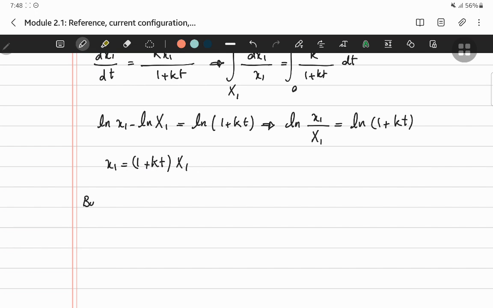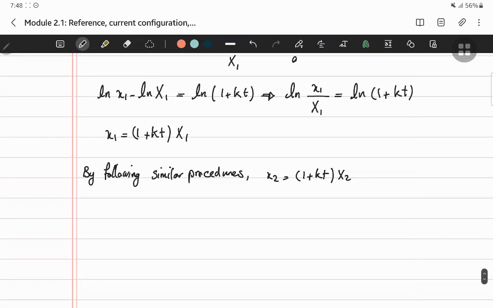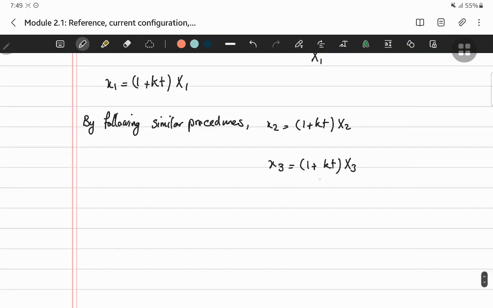By following similar procedures, x2 is equal to 1 plus kt times X2, and x3 is equal to 1 plus kt times X3. So now you see here we have x1, x2, and x3. So v is nothing but the partial derivative of xi with respect to t.